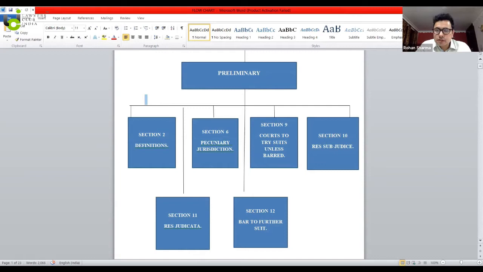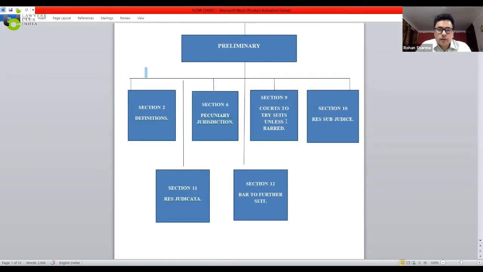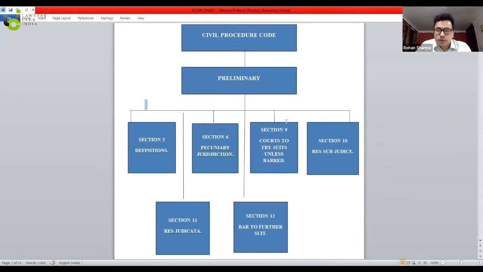The definitions, of course, add a lot more clarity to your general scheme of the act, because it becomes very easy for the court to analyze: okay, if something is being raised, then there's a clear definition, this is what we need to refer to. Because when you're dealing with law, when you're dealing with legal terms, as you all know, there might be multiple interpretations which could be taken by the courts.